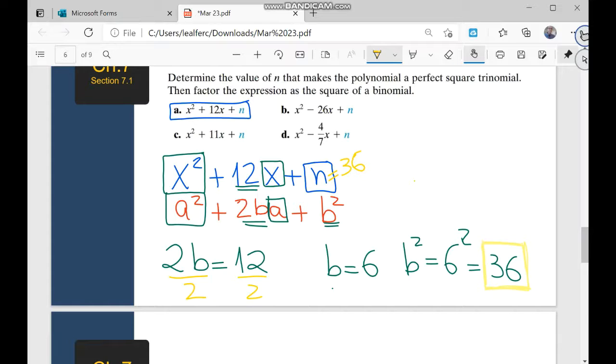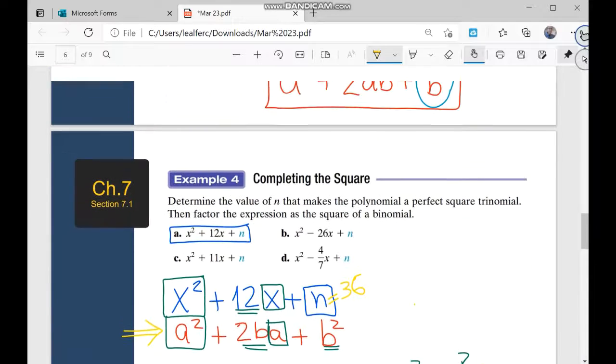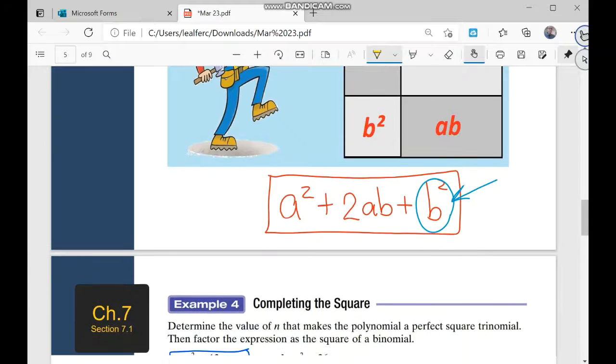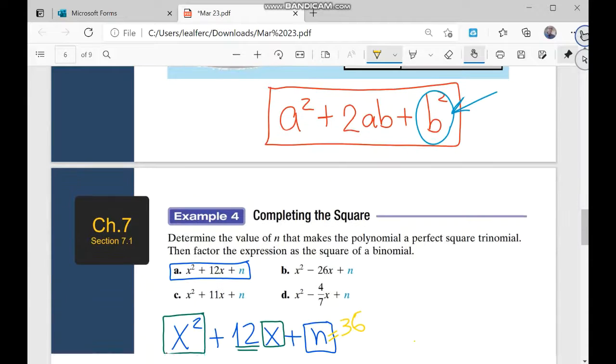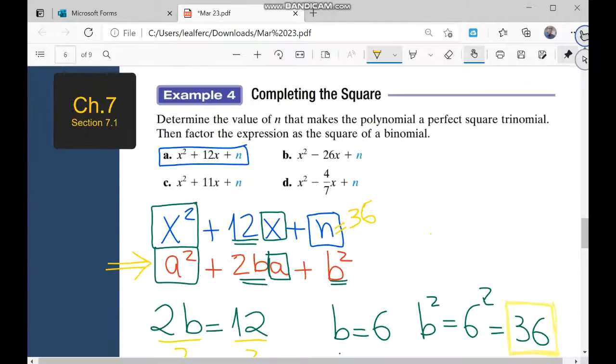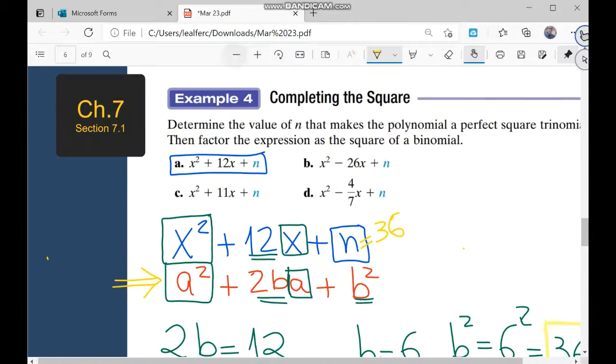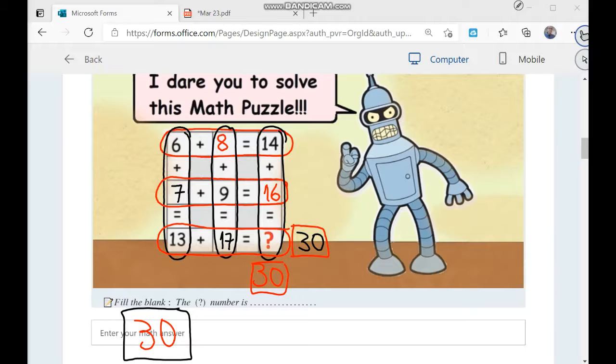We are just applying this formula. It's the same formula we saw on the previous slide on the picture, the representation of the whole square. As you can see, 36 is going to be the right answer. It fits the equations on the horizontal lines and on the vertical lines.